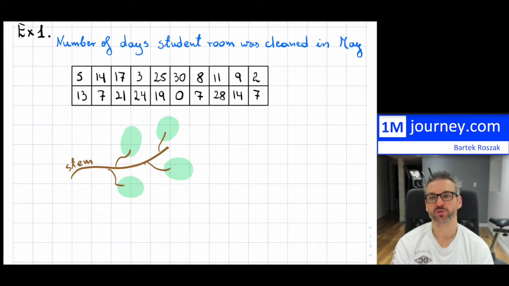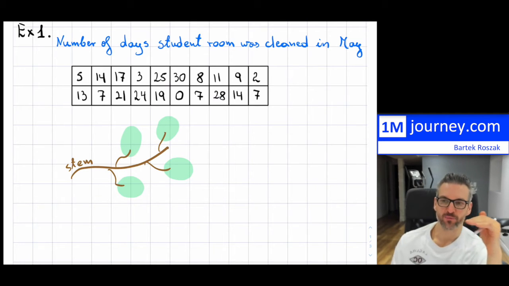So if you wanted to represent this in a stem and leaf, we have to see what will be the stem, which digit will be the stem, and then which digits will be the leaves in this particular data set.